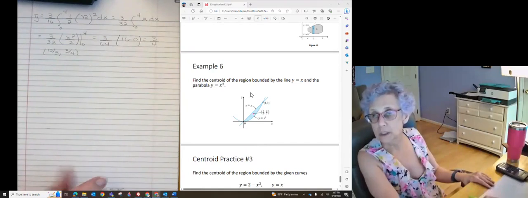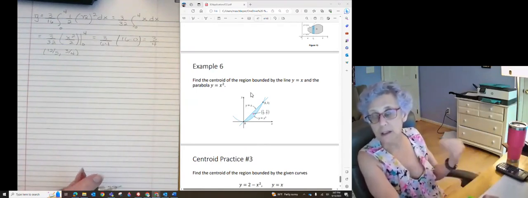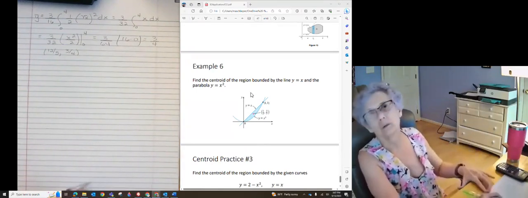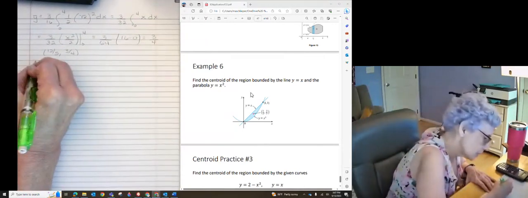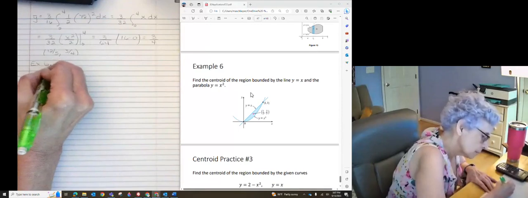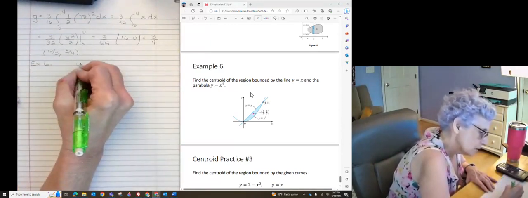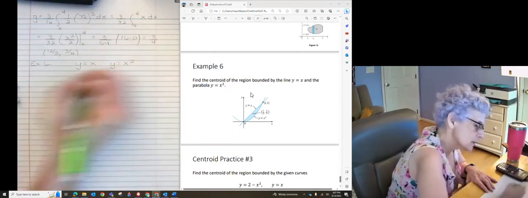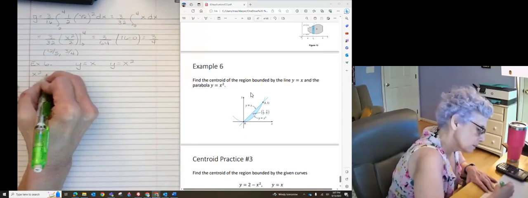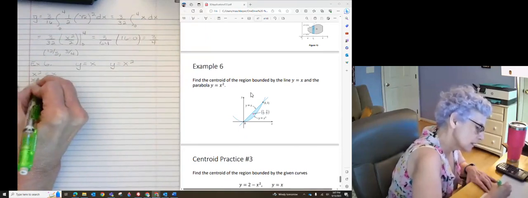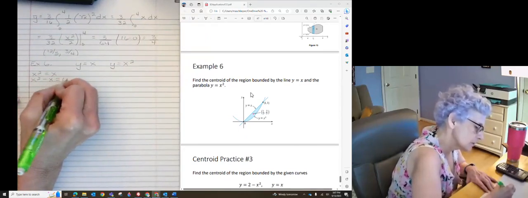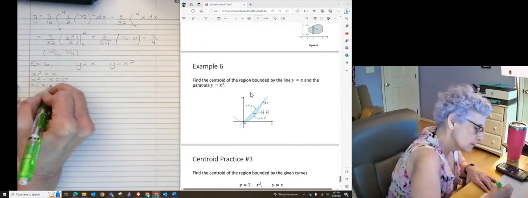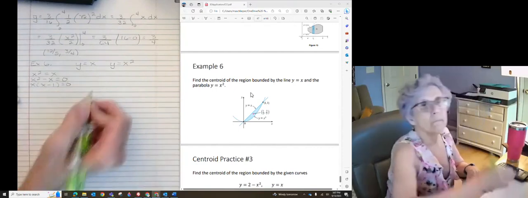We want to find the centroid of the region bounded by y equals x and y equals x squared. Well, we've used this example a few times. We know that x equals x squared, so x squared minus x equals 0, x times x minus 1.